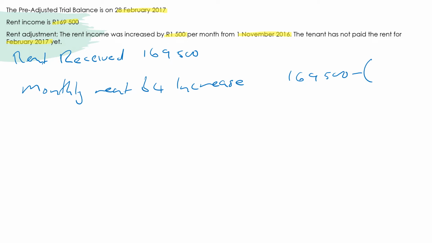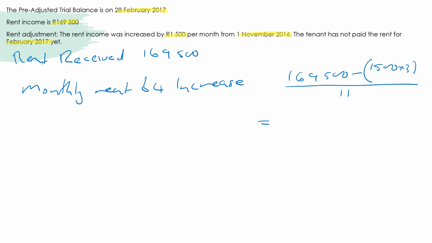So the amount was increased by 1,500 for 3 months, that is November, December, and January. So 1,500 times 3, then all this divided by 11. Remember, the February rent we haven't received it yet, so there's still 1 month that is outstanding.